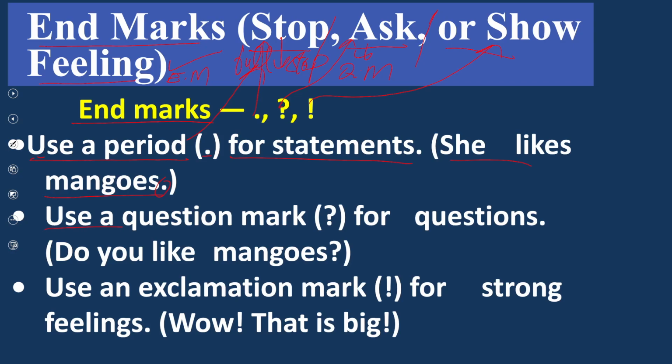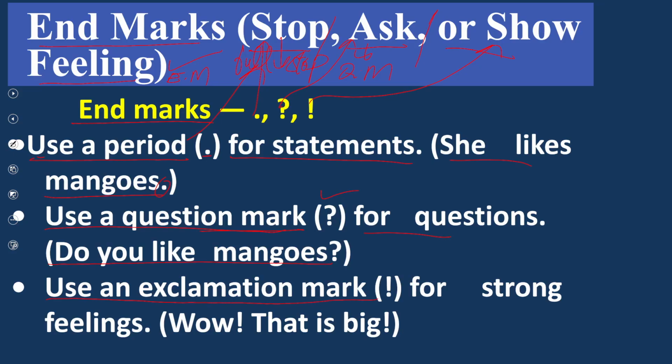Next one, use a question mark. Yes, for questions. In a sentence in which we ask a question, we have to put a question mark at the end. "Do you like mangoes?" Yes, the same sentence, but now we are asking a question. That's why we have to put a question mark at the end of the sentence.